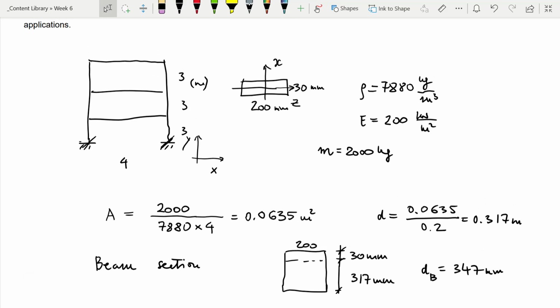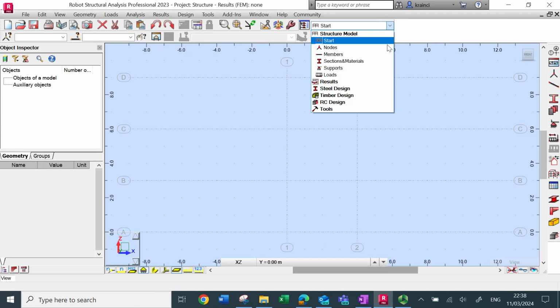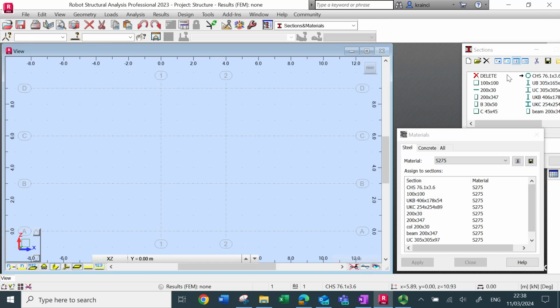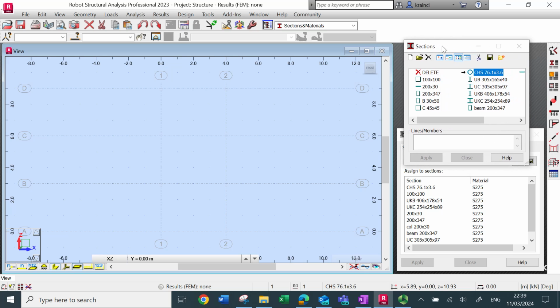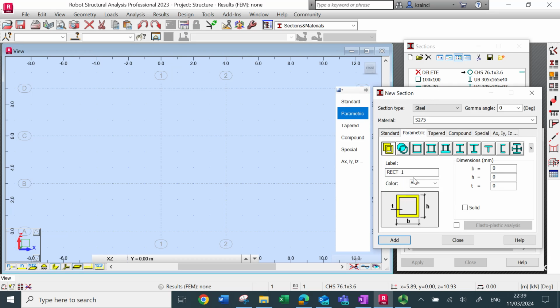Now I'm going to go back to Robot and create these cross sections in sections, materials. So both are made of steel, and I will add a new section, parametric, and it will be a rectangular section.